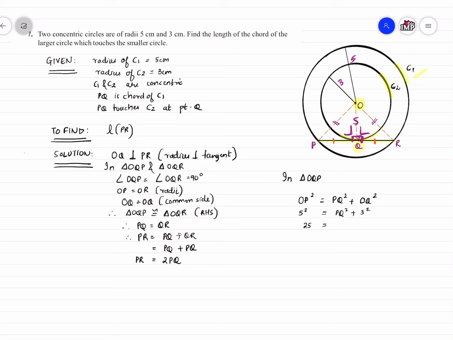So 25 equals PQ square plus 9. 25, we will take 9 to the other side, so it will be subtracted. So we're left with 16. I know 16 is the square of 4. So PQ is 4 centimeters. We'll just label this as 1, and from 1 I can say that PR is equal to 2 into 4, which is equal to 8 centimeters.